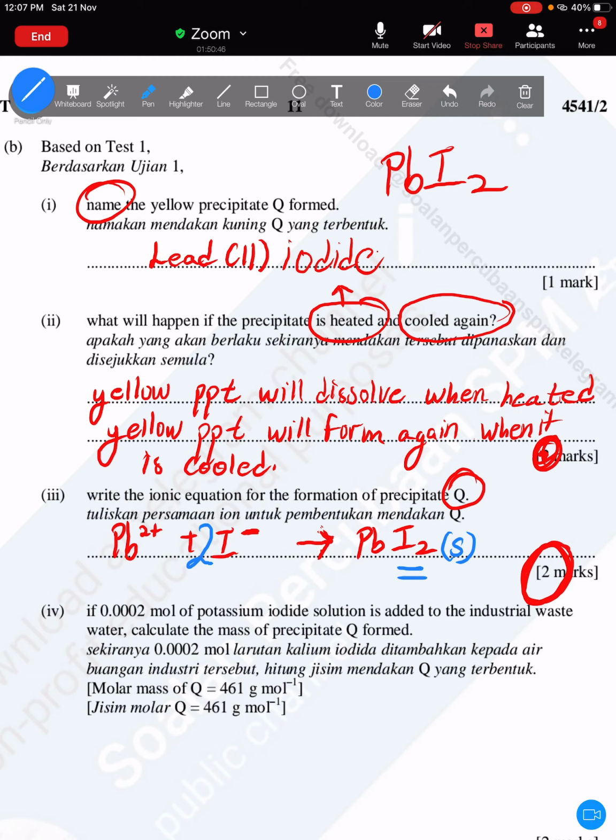Pb2+ stands for aqueous. Iodide minus is aqueous as well. So this will carry 2 marks. Any question?